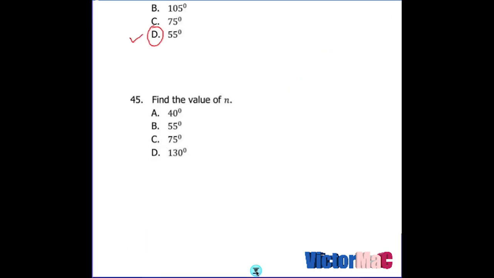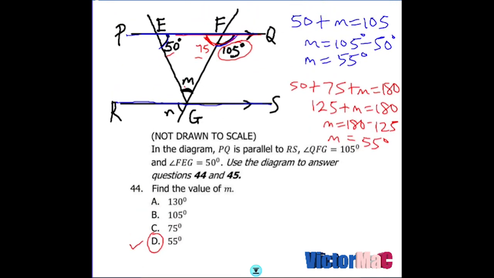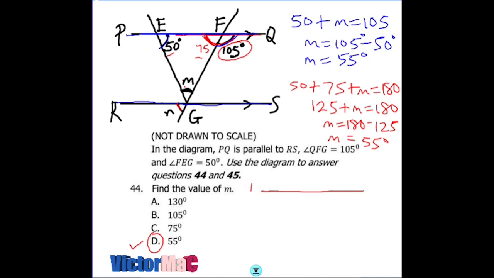Alright, let's see question 45. Question 45 says find the value of N. And what is our N? N is just the corresponding angle to angle EFG, or you can call it PFG, angle 75 degrees. How do I know? Simply by redrawing this parallel line PQ and also parallel line RS.